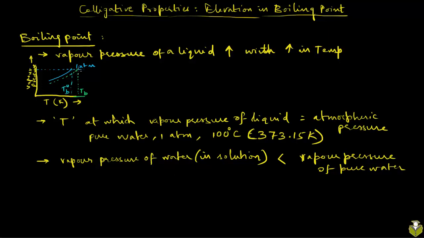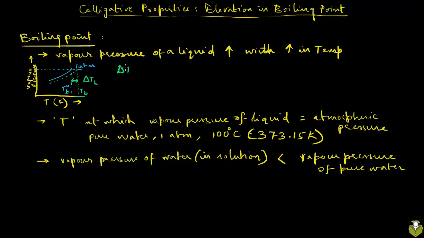So that means that for the vapor pressure to catch up and become equal to the atmospheric pressure, in this case 1 atmosphere, it has to actually go to a higher temperature. So that's why there is an increase in the boiling point of the solution. And the difference, the magnitude of increase in this boiling point, is the elevation in the boiling point, and that is represented as delta TB.